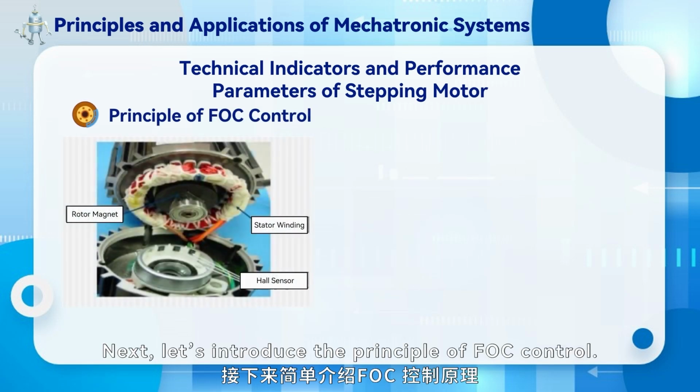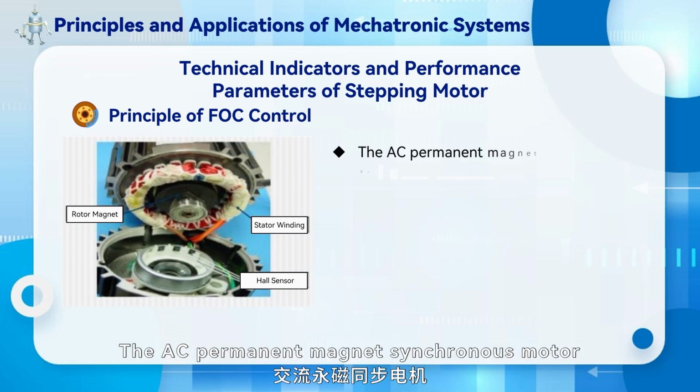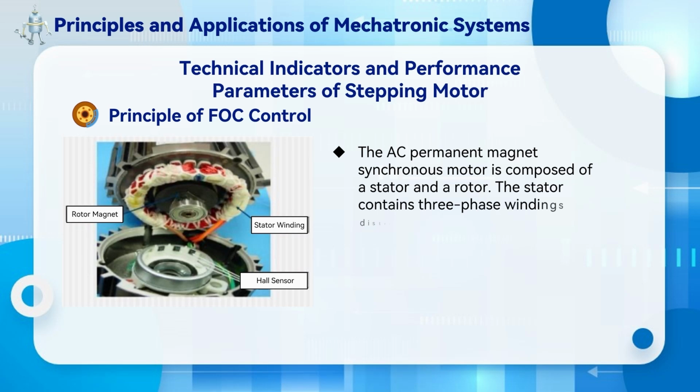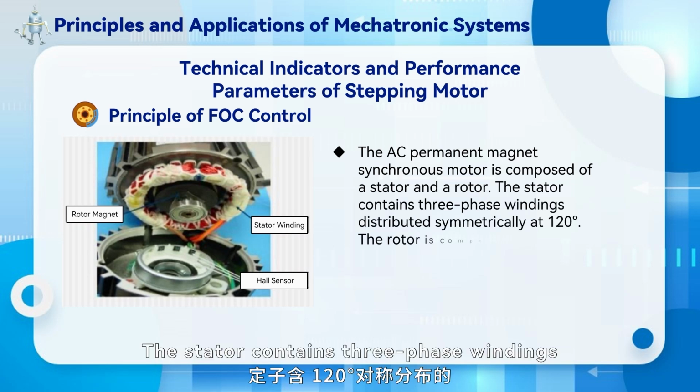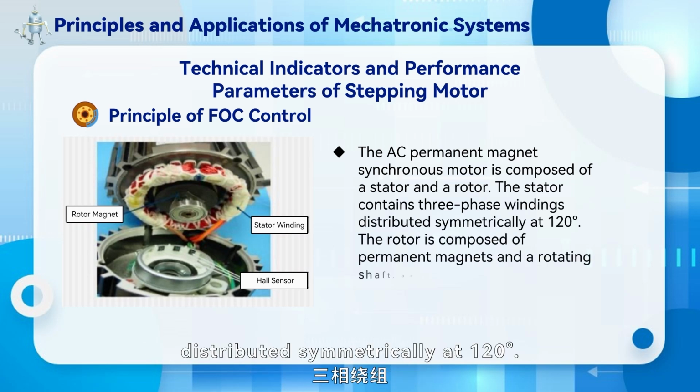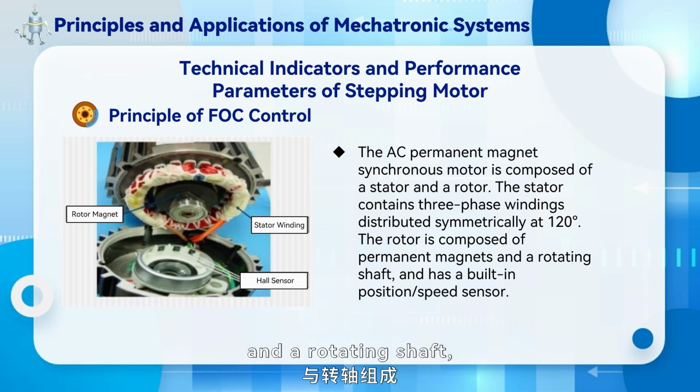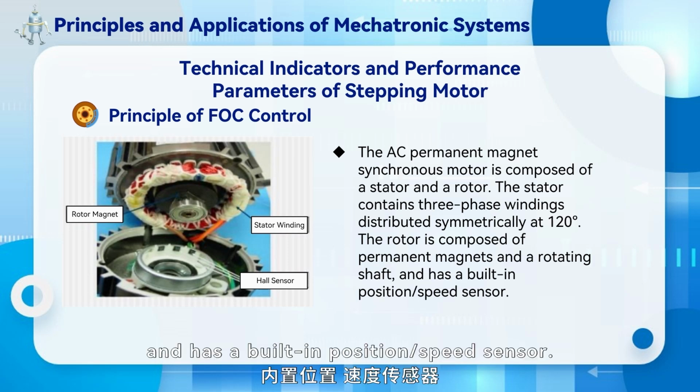Next, let's introduce the principle of FOC control. The AC permanent magnet synchronous motor is composed of a stator and a rotor. The stator contains three-phase windings distributed symmetrically at 120 degrees. The rotor is composed of permanent magnets and a rotating shaft, and has a built-in position or speed sensor.